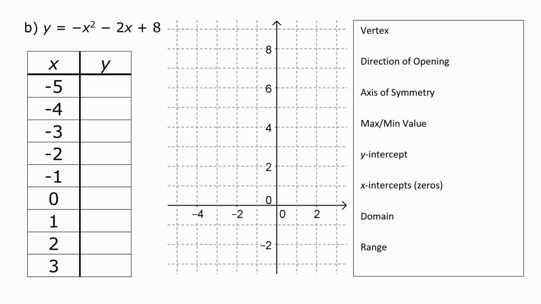And so when we think about this here, we can think about negative something squared, it's always going to be negative. And then this was like the one we had before, we had negative something times our x value. So if we have -2 times our x value, and then we have the 8 on the end, we can still do this with mental math here. If we start from top to bottom, might as well tackle these negatives first.